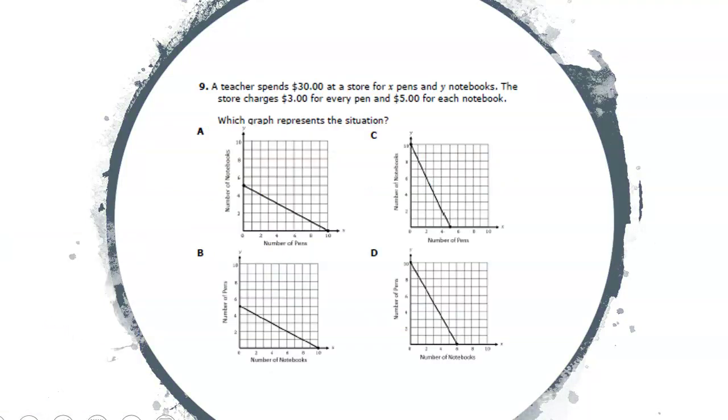All right, number 9. A teacher spends $30 at a store for X pens and Y notebooks. The store charges $3 for every pen and $5 for each notebook. The easiest way to do this one is to plug in your x and y axis points here.